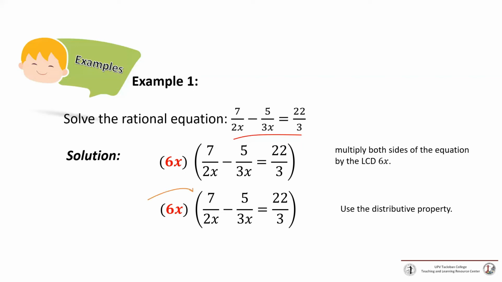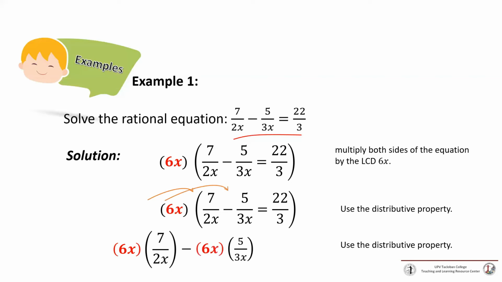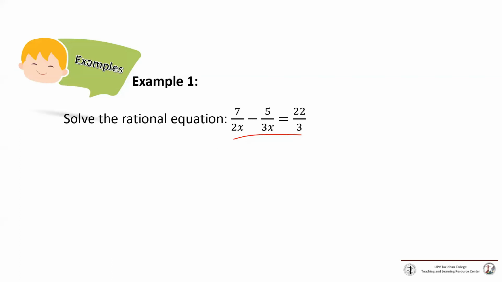That is, we multiply 6x times 7 over 2x, 6x times 5 over 3x, and then 6x times 22 over 3. So 6x times 7 over 2x, minus 6x times 5 over 3x, equals 6x times 22 over 3. We just simply use the distributive property.